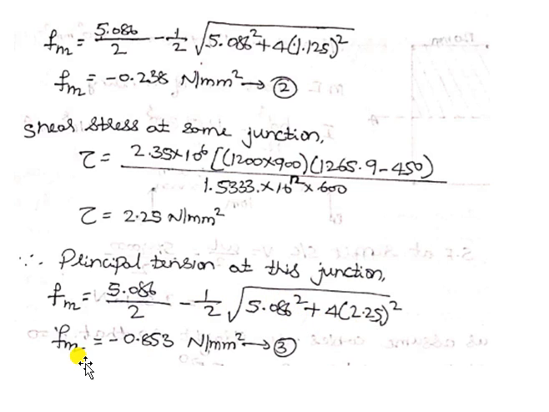Therefore, the principal tension at the junction is equal to minus 0.83 Newton per mm square. So this is the principal tension developed at the centroidal axis, and these are the principal tensions developed at the flange portion.